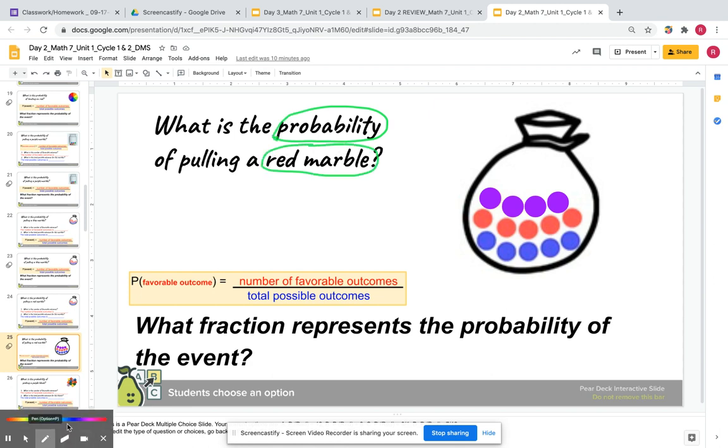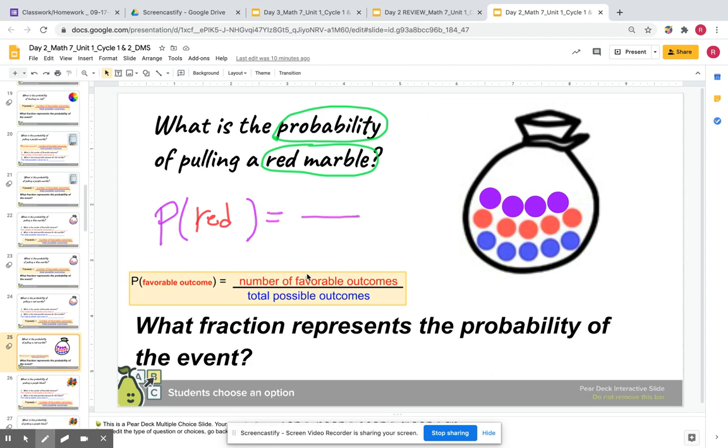So based off that, we already know that we have an equation, and we've seen it very often in class, and that's P for probability. It's going to take a favorable outcome inside the parentheses. The favorable outcome that we're interested in is red marble. We're just going to write the word red just to keep it short, and that's equal to a fraction.